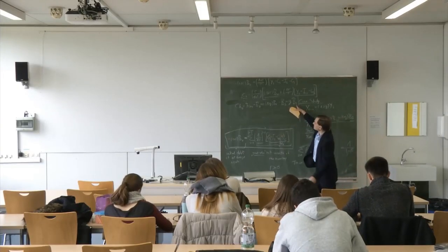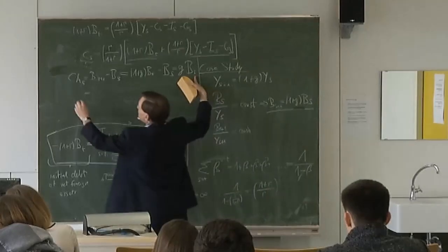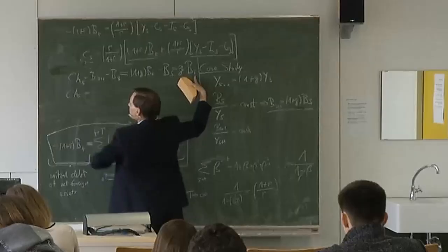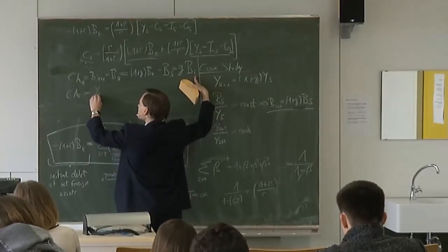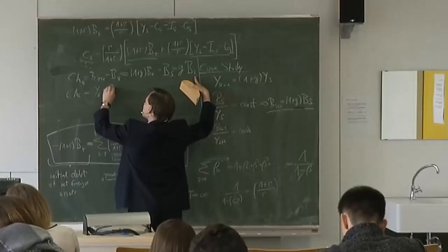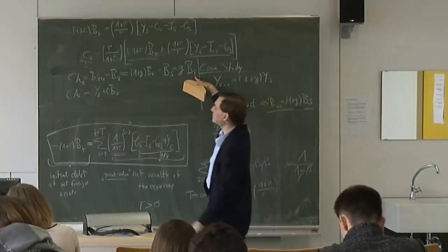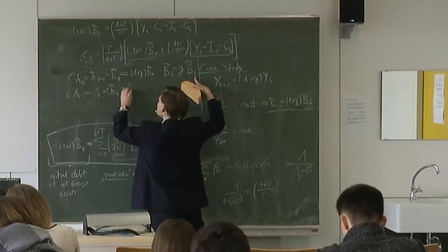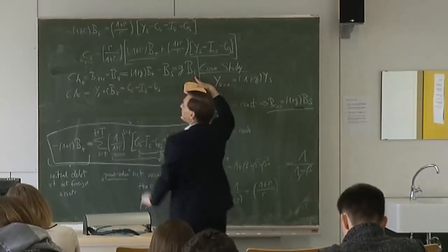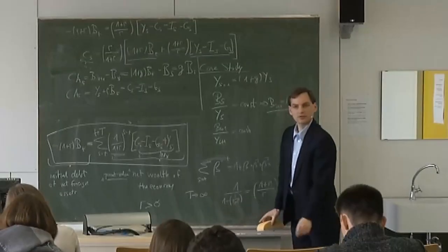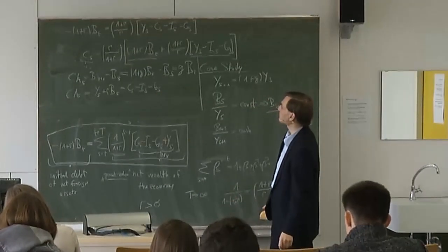And this, if you remember, that was the second definition of my current account: income plus the income of the net foreign assets, the return of net foreign assets, minus consumption, minus investment, minus government spending. That was my second definition of the current account from the income expenditure identity.